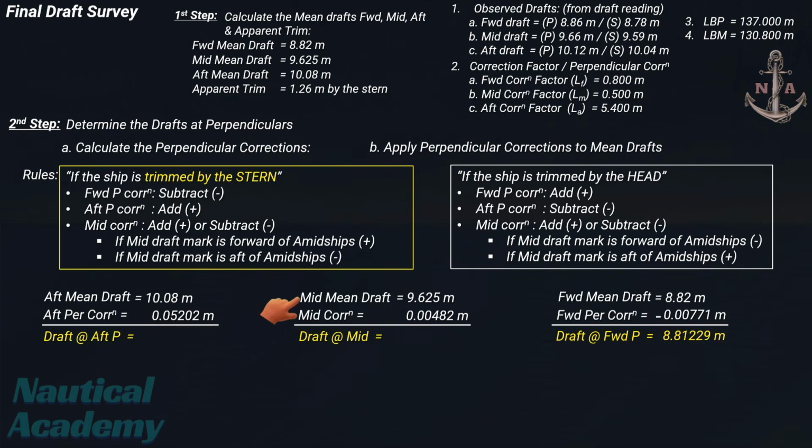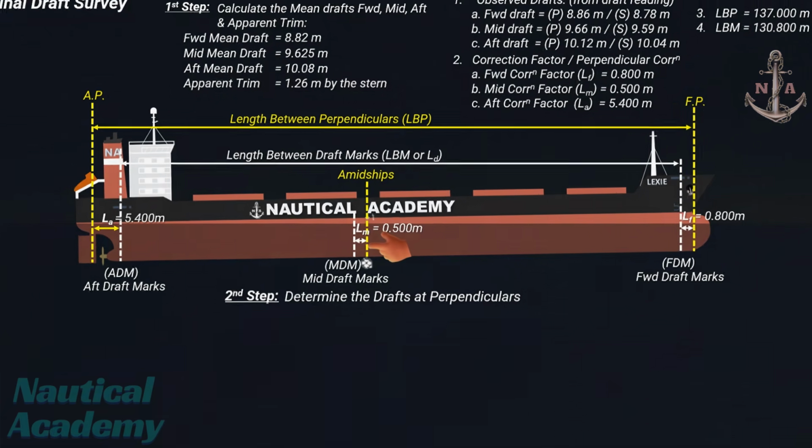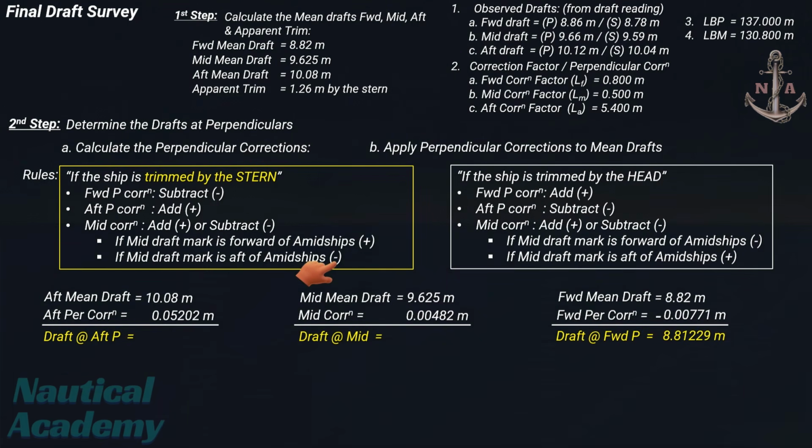For midships, since the mid-draft mark is located aft of midships, we also subtract the midships correction from the midships mean draft. The draft at midships is 9.62018 meters. For the aft, add the aft perpendicular correction to the aft mean draft. The draft at aft perpendicular is 10.13202 meters.